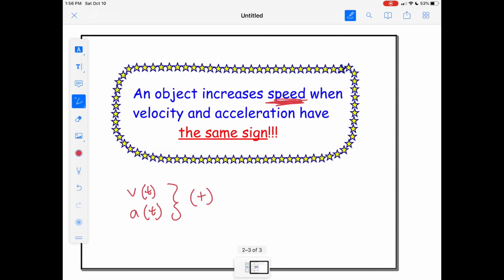So that means if at some time t, both v and a are positive, then I know the speed has to be increasing. Also, when v and a are both negative, the speed of this object will be increasing. If they have the same sign, our speed is increasing.